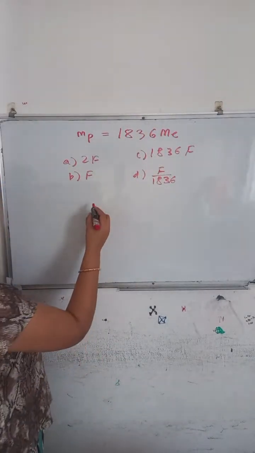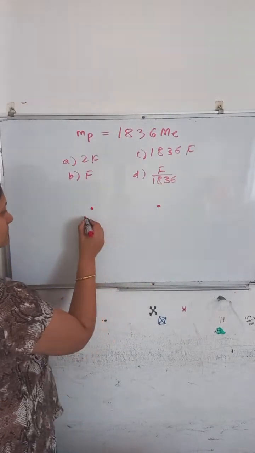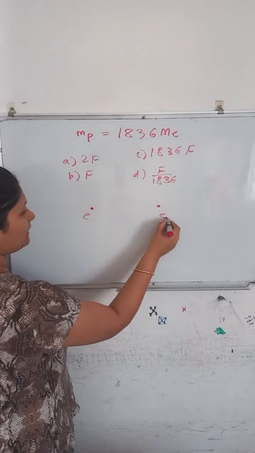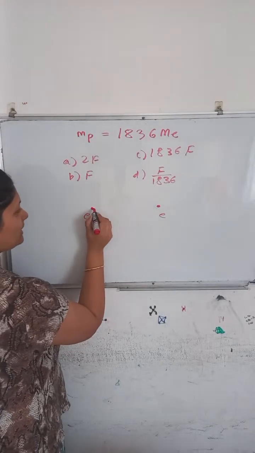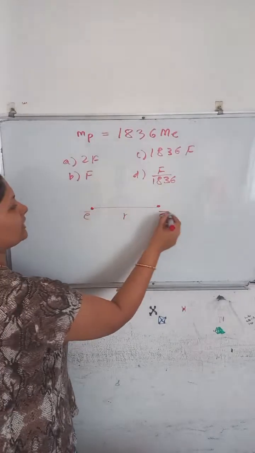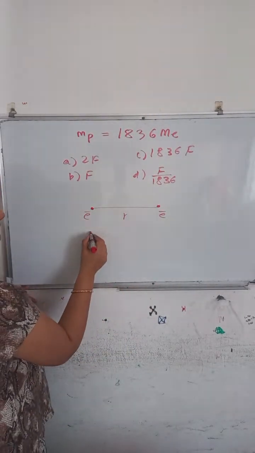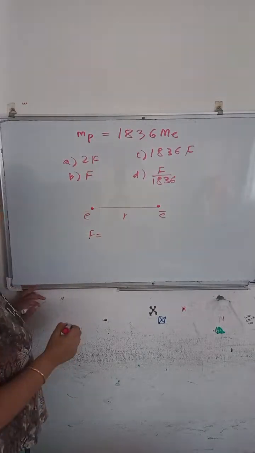If you draw the diagram, suppose here we have two electrons, E and E, separated by distance r, and the force in between is nothing but F.